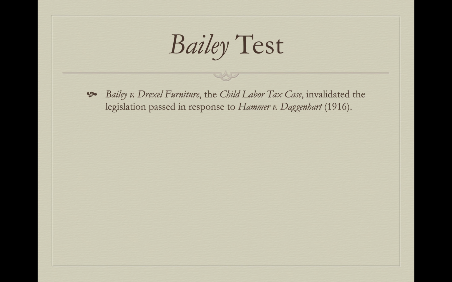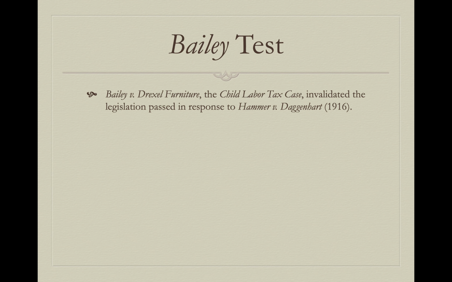And remember, the court there said that that was unconstitutional because the making of the goods is manufacture, not commerce, and also prohibiting shipment is prohibition, not regulation. And just for good measure, the court said the motive of Congress seems to be to regulate child labor, not to regulate interstate commerce.